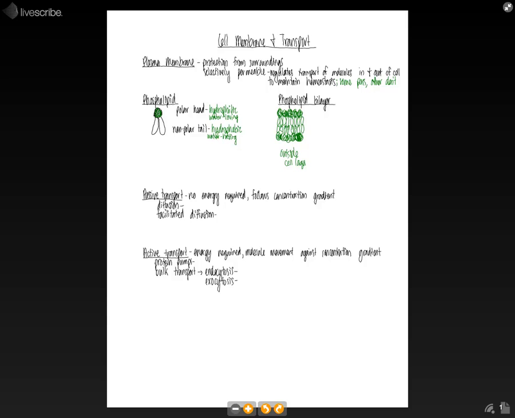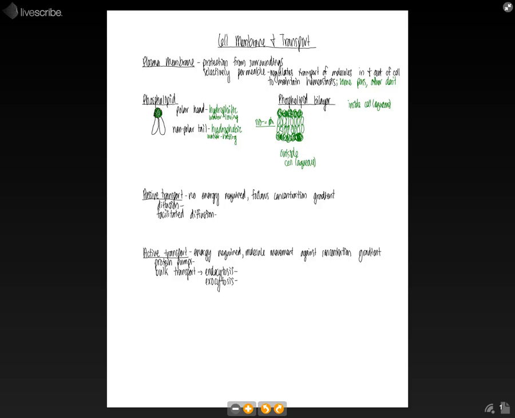So it's aqueous because we have the polar heads out here. And then this side in here is going to be the inside of the cell, which is also aqueous because we have the polar heads on that side. And so the inside has no water. It is not allowed in this portion.